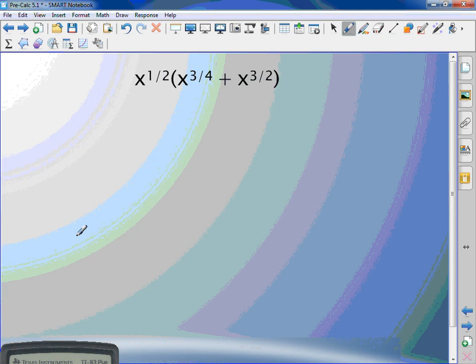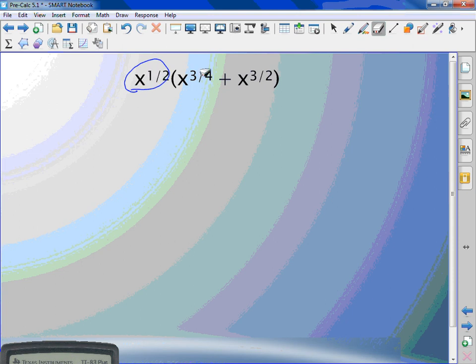Here's this one. Let's give it a try. These problems, you don't worry about variables at all. What is this doing to the other ones? Is it multiplying, or is that an exponent? This x to the 1/2, what's happening to it?